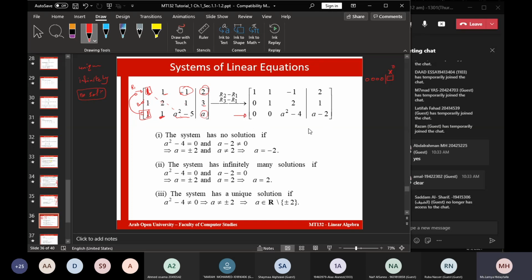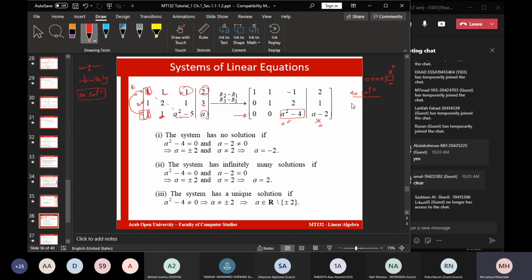This system could have no solution when the last row is all zeros, so this should equal 0 and this one should not equal 0. So when will this happen? We are solving for no solution.